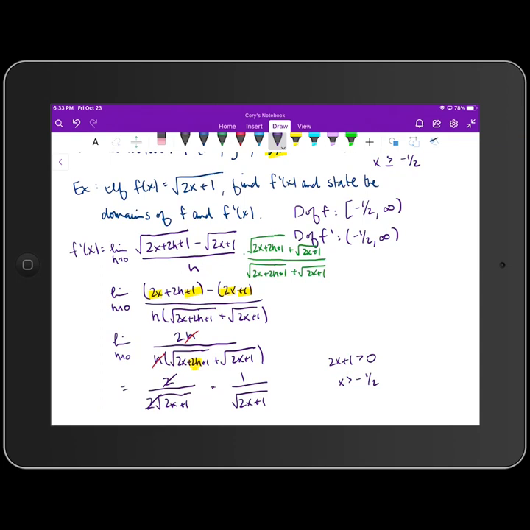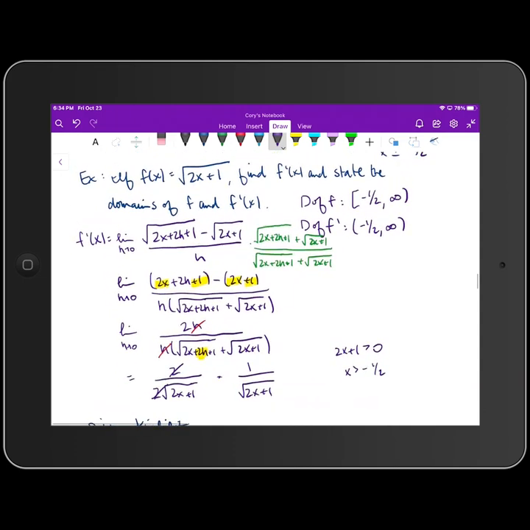Okay, so what does this mean? Well, the one value that's in the domain of our function but is not in the domain of our derivative is the value x is equal to negative 1/2. So what that tells me, and we're going to see this in a second, is that my function is continuous at negative 1/2 because that's in the domain of my function, but it's not differentiable at negative 1/2 because to determine differentiability, you look at the domain of your derivative.